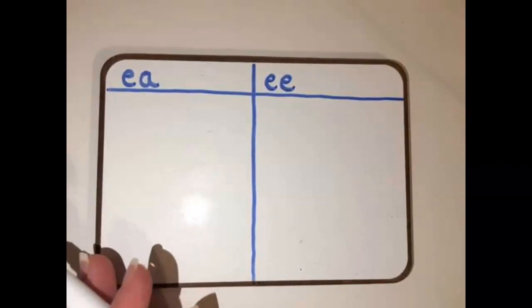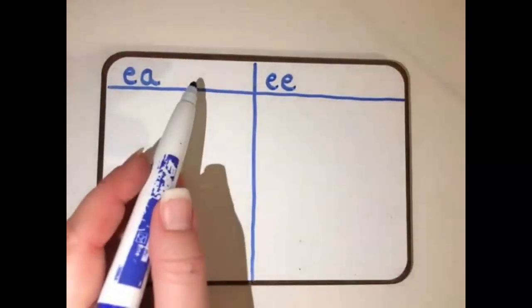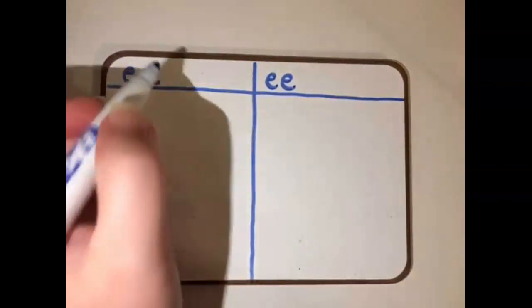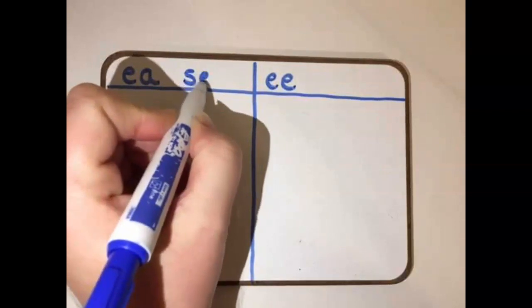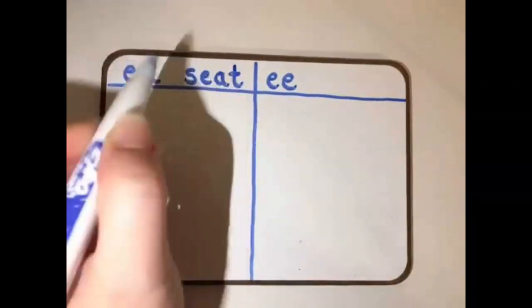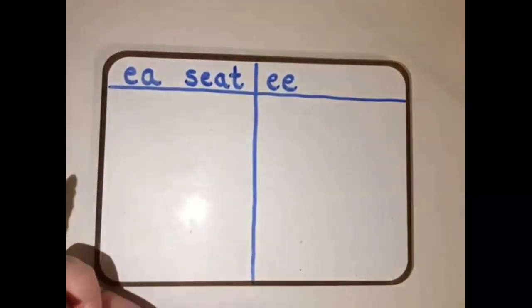All right, so at the top on the EA side, we're going to write an example of an EA word. If I say seat, I sat in my seat, is spelled with EA for the E sound in eat. Okay?